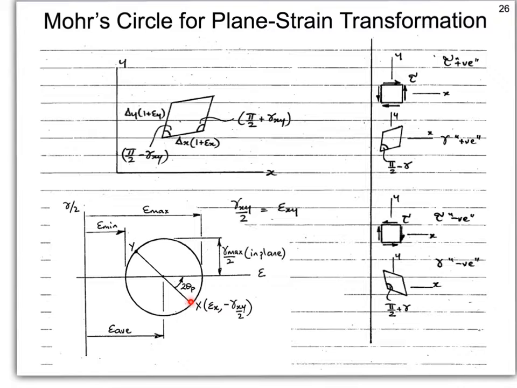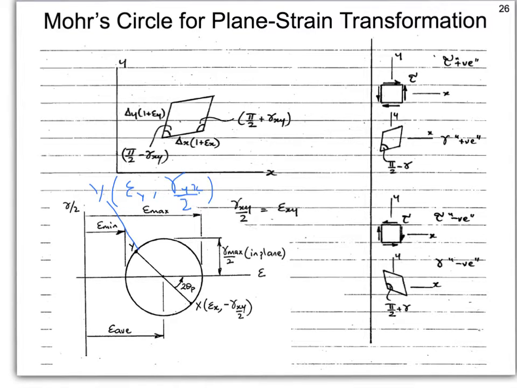So in order to get this point down below the horizontal axis, we have this minus sign in front. So over here, if I just go and write that in for you, that Y point there would be strain Y, gamma YX on 2. Okay, so that's that point there. Right, so we don't have that minus sign in front here.